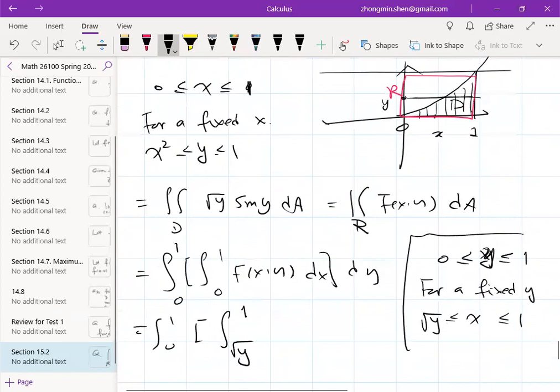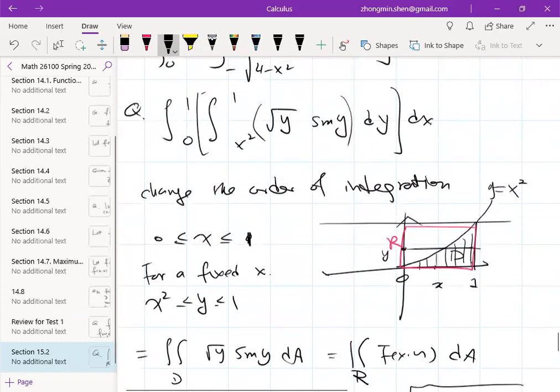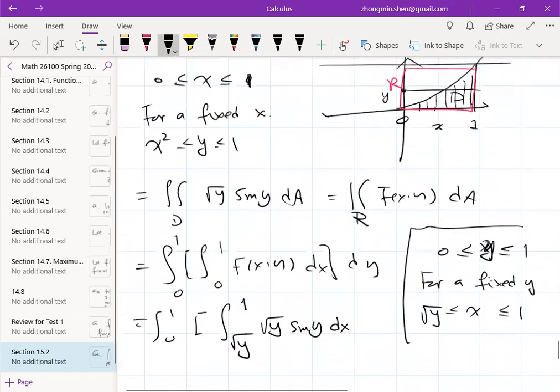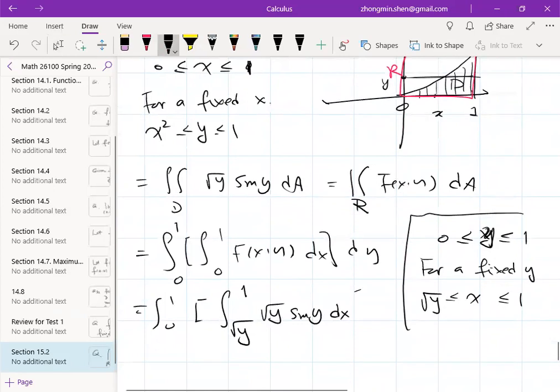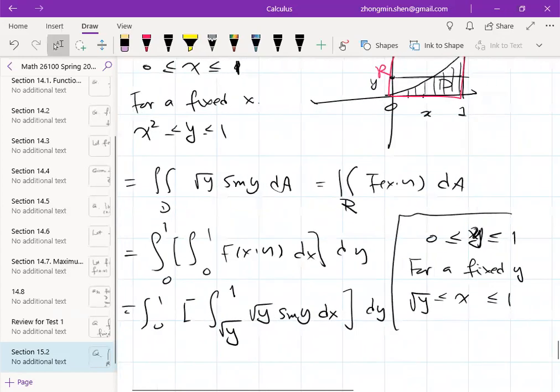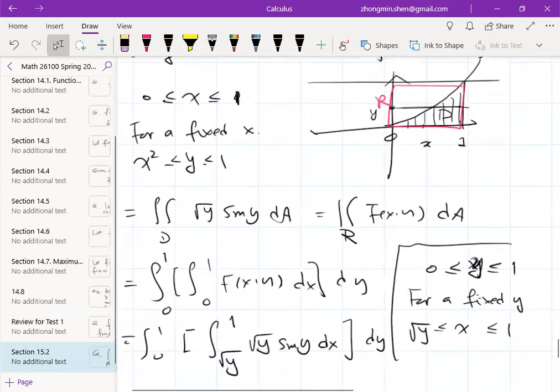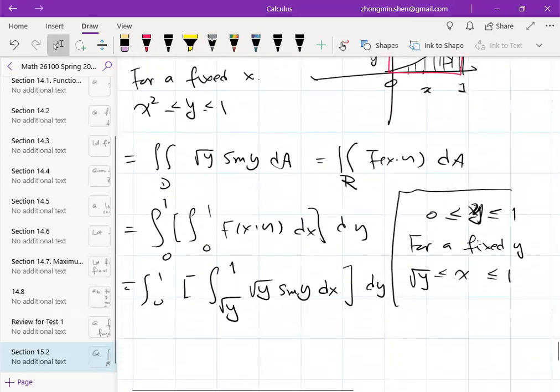For such x variable, you can still go back to, wait a minute, I'm confused. This is going to be dy and then dx right now, yes. dy is outside, and dx is inside.